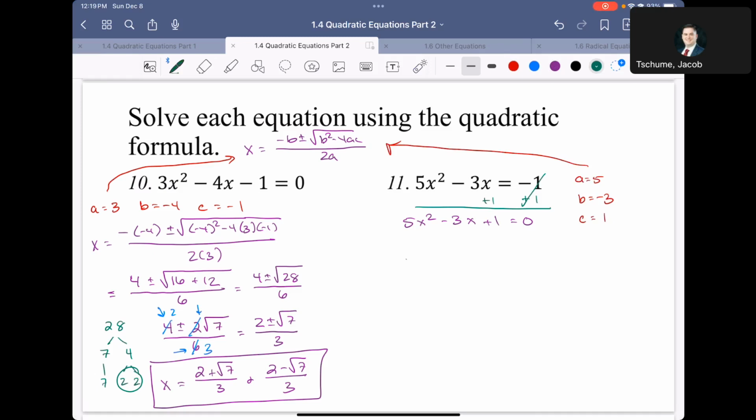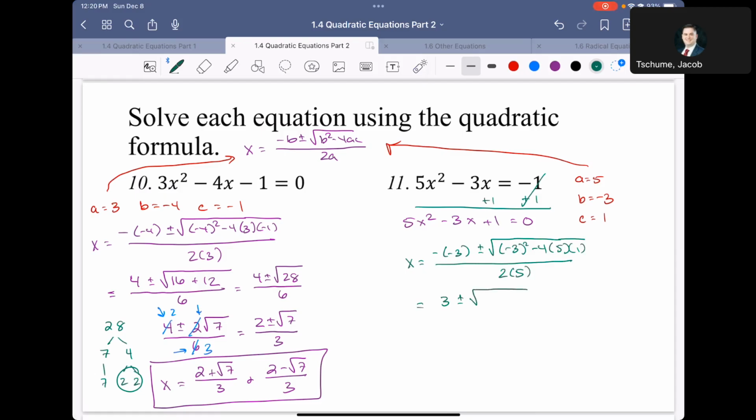So we're going to have x equals negative b, so negative of a negative 3, plus or minus the square root of b squared minus 4 times a times c all over 2 times a. If we were to clean this up a little bit, a double negative becomes positive 3.